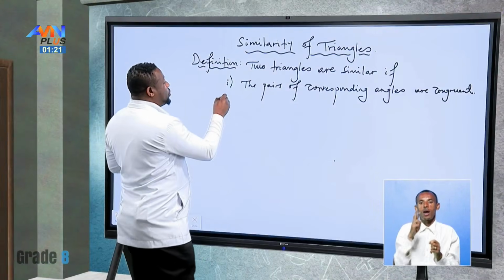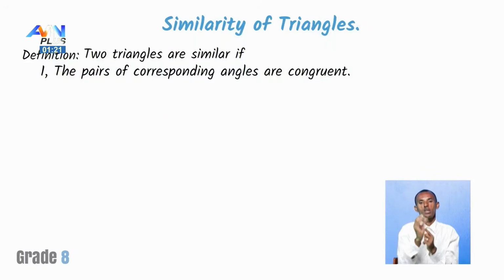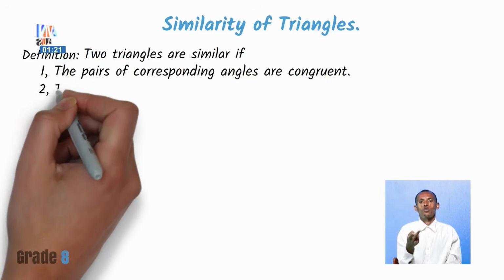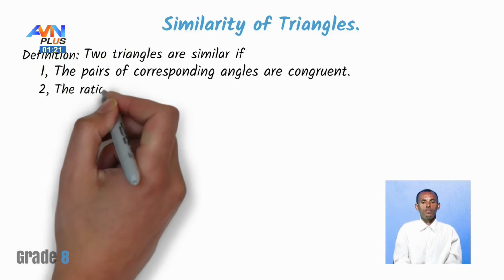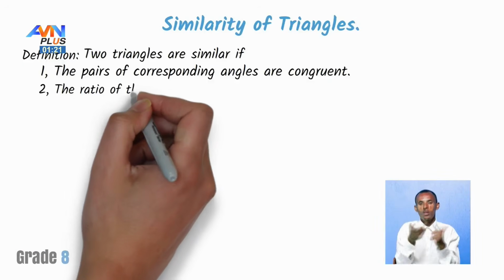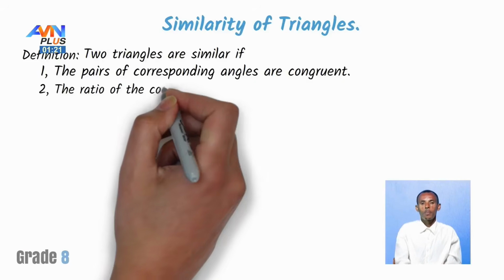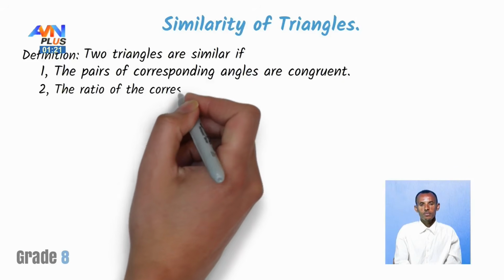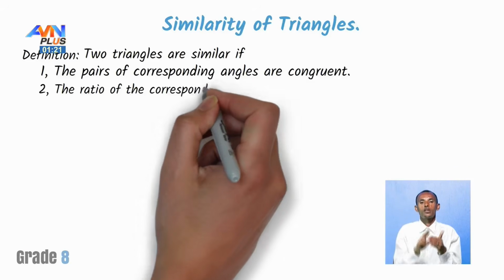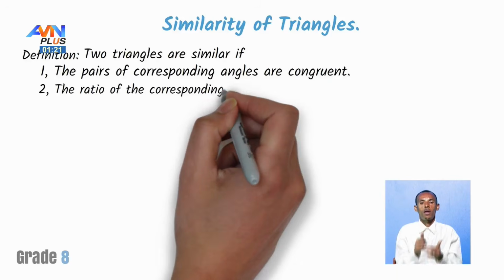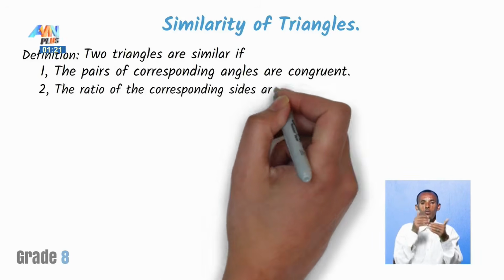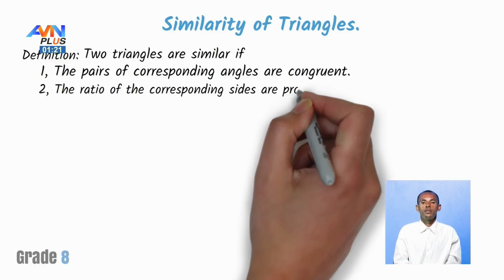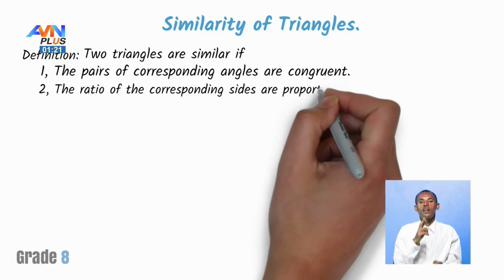The second condition is the ratio of all pairs of corresponding sides are proportional. Okay, so the ratio of the corresponding sides are proportional.